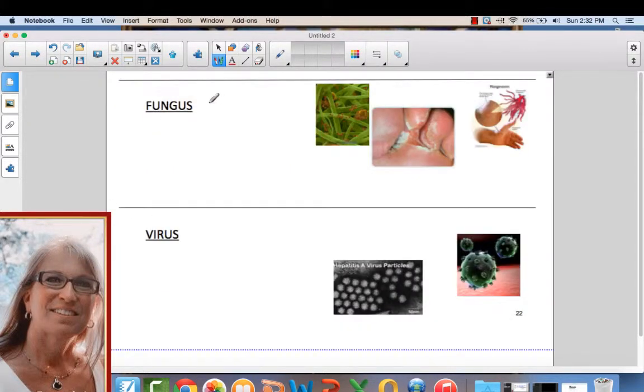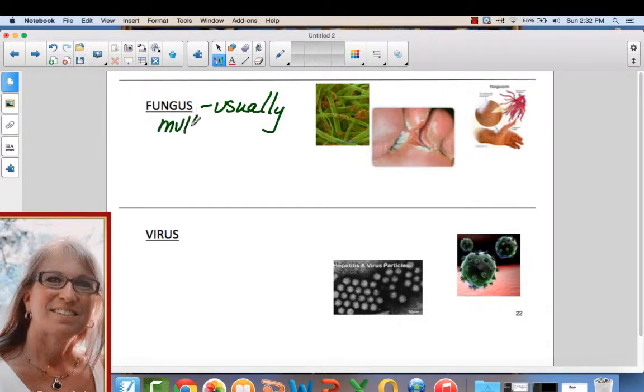Fungus. Fungi are usually multicellular, but they can be single-celled. And they eat by absorbing organic material.